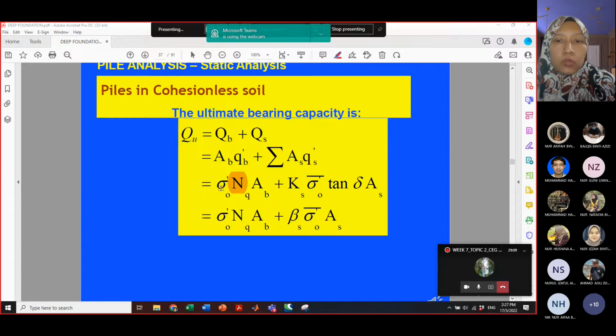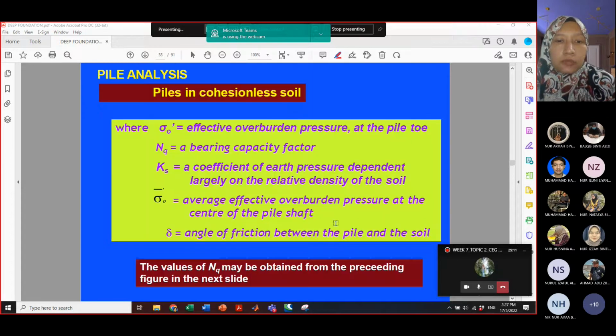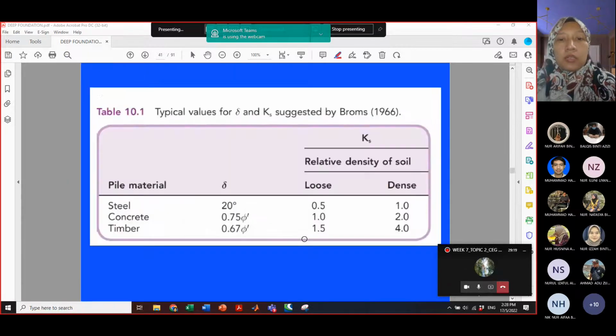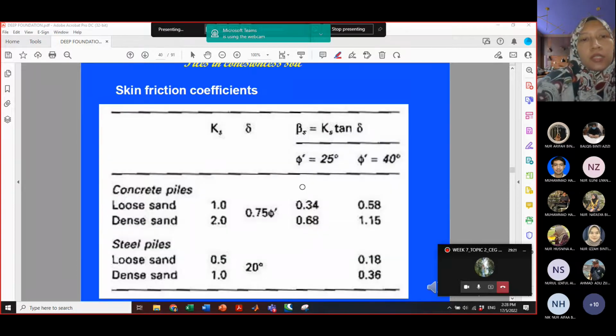Okay, not to forget also, in this case for sand, we have delta, which is the angle of friction between the pile and the soil. Later I will show you, this is what it says: the skin friction coefficients depend on the type of piles and also types of pile construction, whether driven or bored pile.